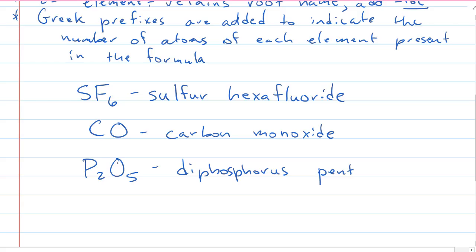That's why I want to show this one. It would have been pentaoxide, but in the case of oxygen, we leave off the letter A, so we'd simply call it pentoxide. So again, whenever one of these three prefixes is used adjacent to oxygen, the letter A is left off, or in the case of mono, the letter O is left off.